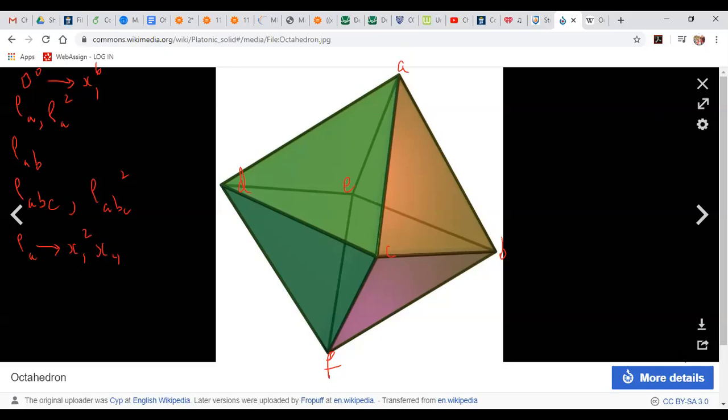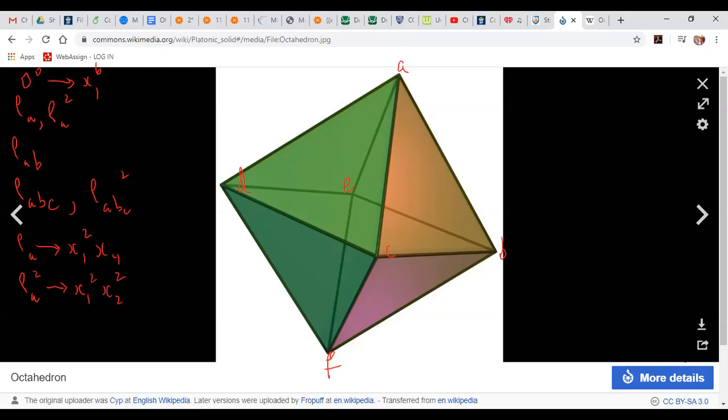What about rho A squared? Well, that's a little bit different. That's rotation by 180 degrees about that axis. So B and D are going to be in a 2 cycle, and so are E and C. And of course, A and F are still fixed. So this is going to be x1 squared, but then you're going to have a couple of 2 cycles.